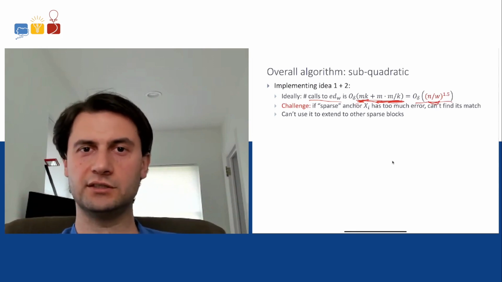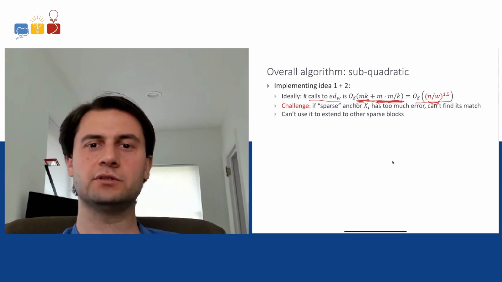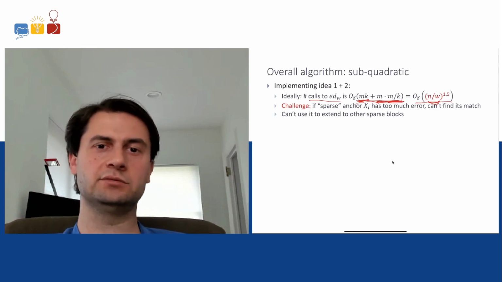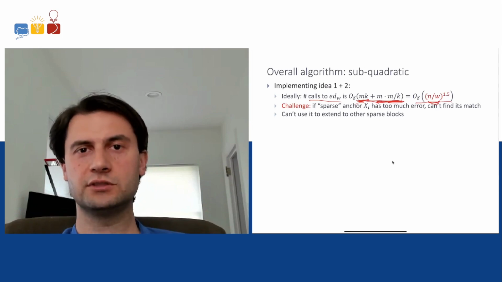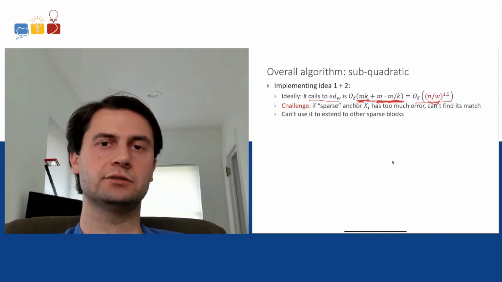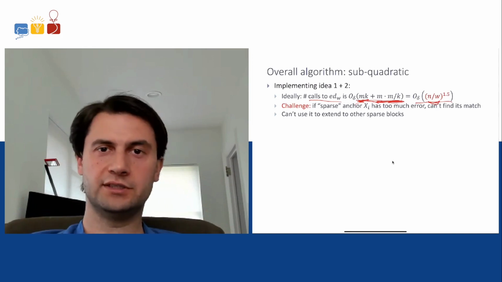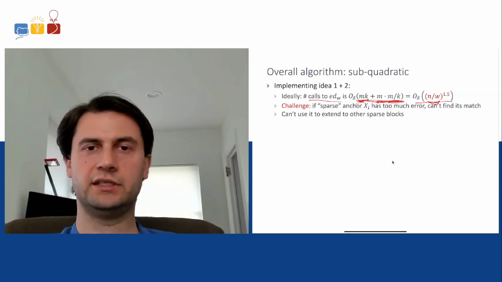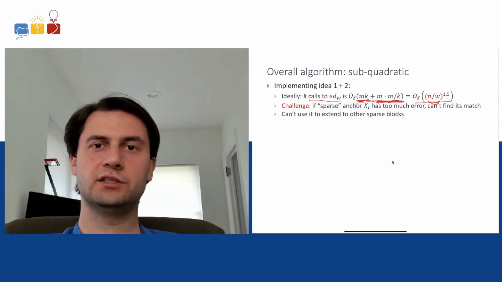Once you've done this, the other neighbors can extend from it or piggyback on it. But it could be that the sparse anchor xi that we started with has too much error. It doesn't have a close match, or we don't find the match. So this means that it can't help the other blocks, and we don't necessarily even know that this is the case. So one has to deal with these kinds of issues.